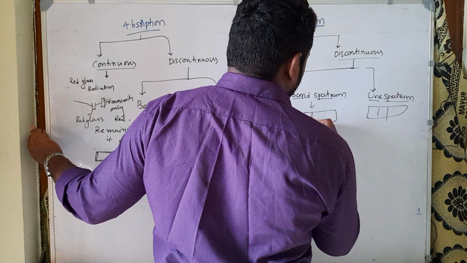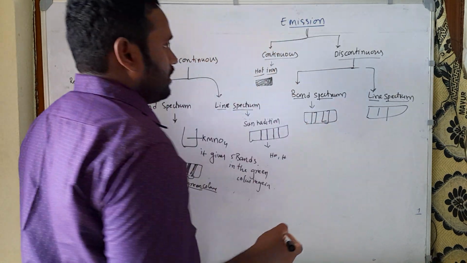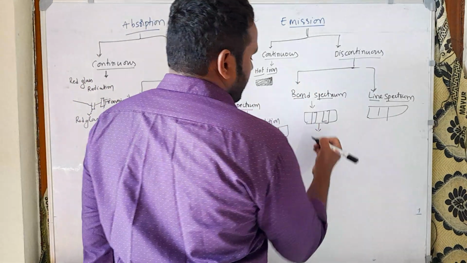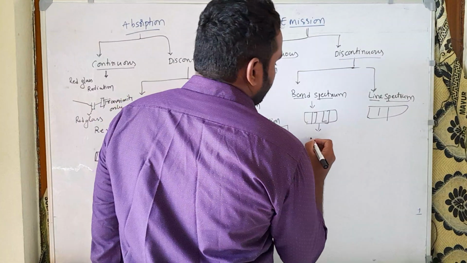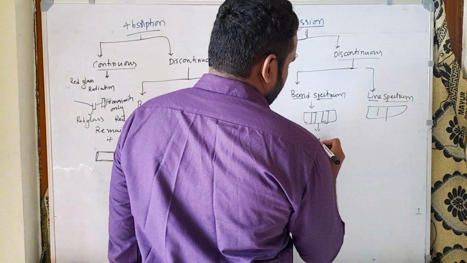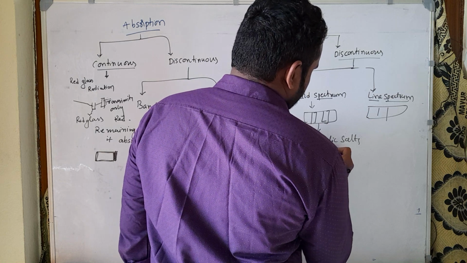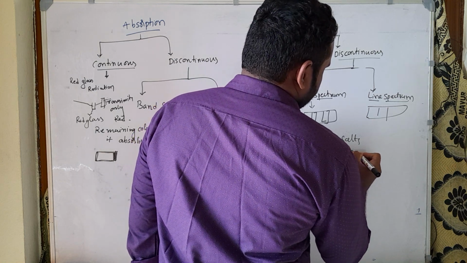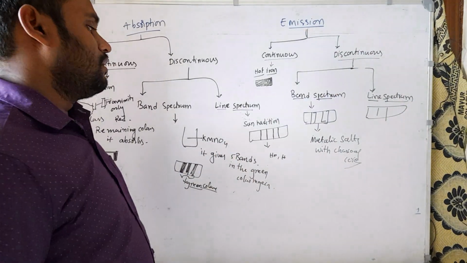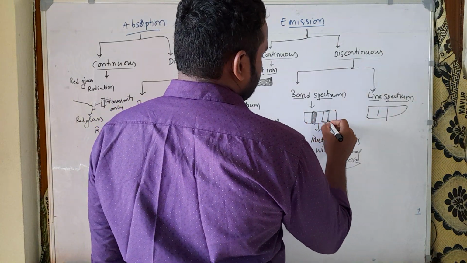An example of emission band spectrum is heating of metallic salts with charcoal core. They give different bands in different regions.